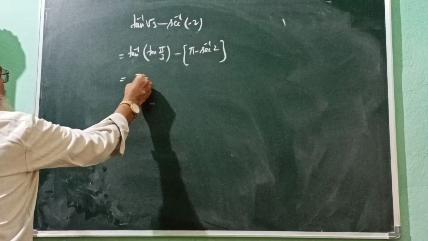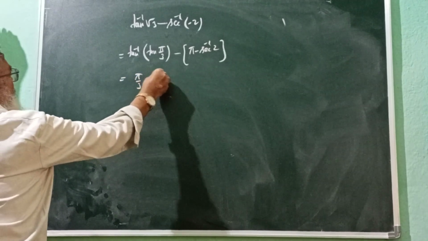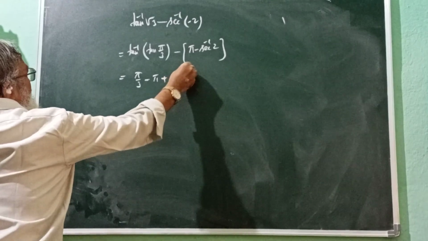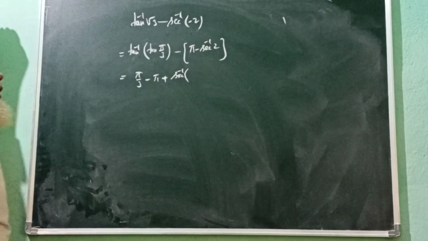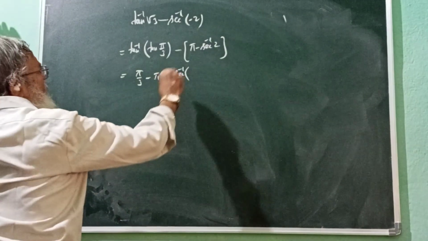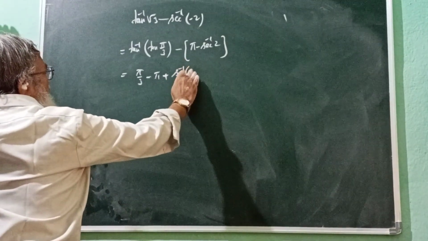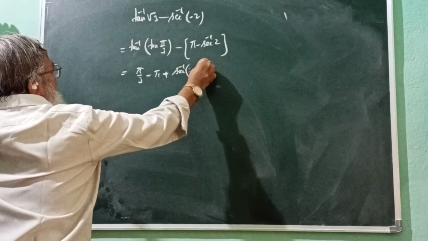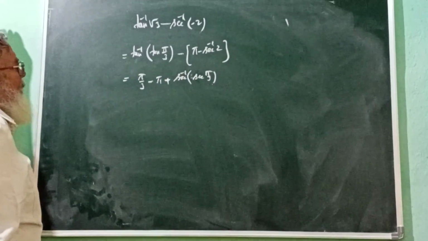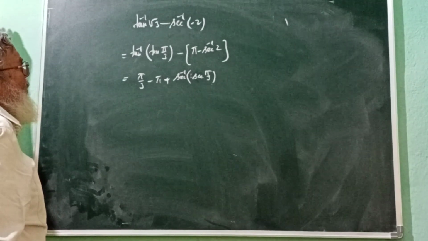Applying the formula. And again, this cancels. Pi by 3 minus pi, minus into minus is plus here, sec inverse 2. Now what is the value of 2 in terms of sec? That is sec of pi by 3. Sec 60 is equal to 2.